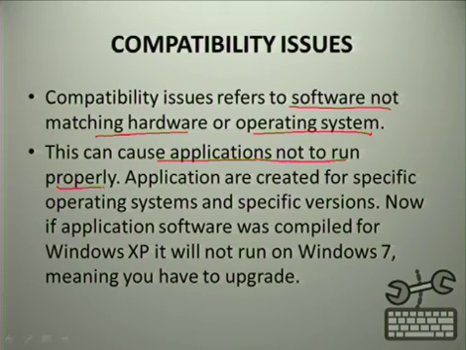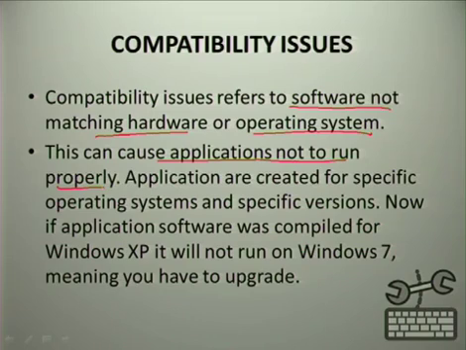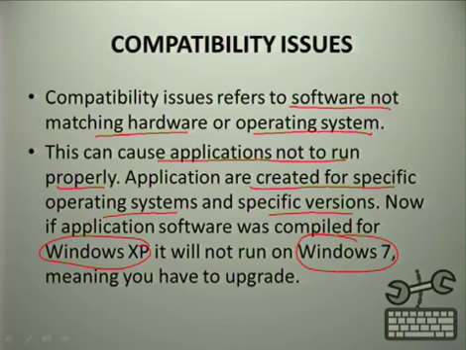Applications are created for specific operating systems and specific versions of those operating systems. For example, if application software was compiled for Windows XP, it will not run properly on Windows 7. It means that you need to upgrade the software.